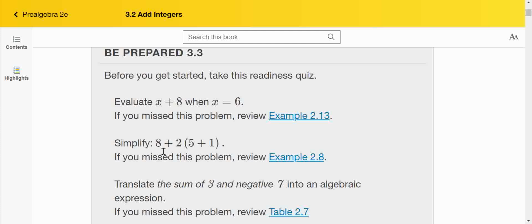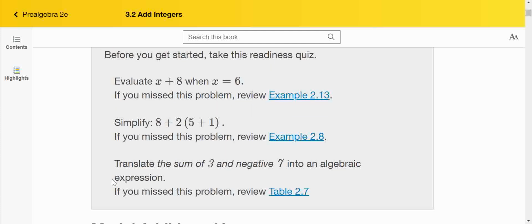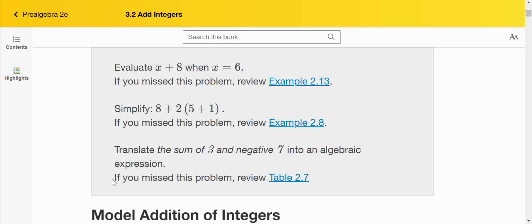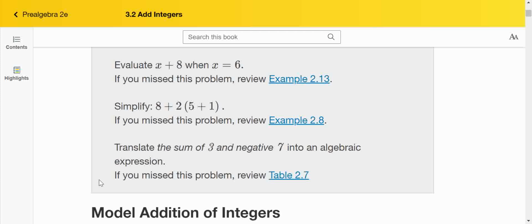Simplify 8 plus 2 times 5 plus 1. If you missed this problem, review example 2.8. Translate the sum of 3 and -7 into an algebraic expression. And if you missed this problem, review table 2.7.